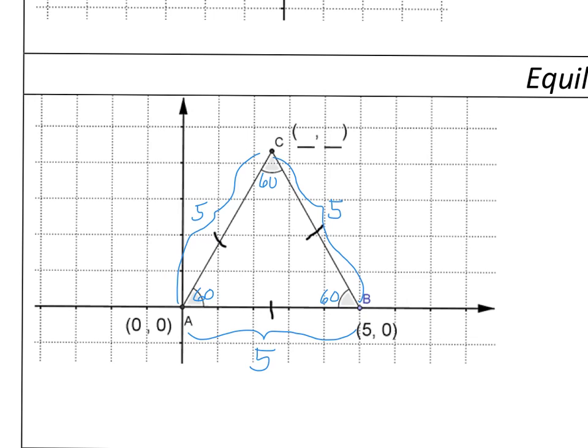And the easiest way here to see where this location up here will be is to draw what's called the height or the altitude. The height of a triangle is the perpendicular from one vertex to the opposite side at a perpendicular angle.